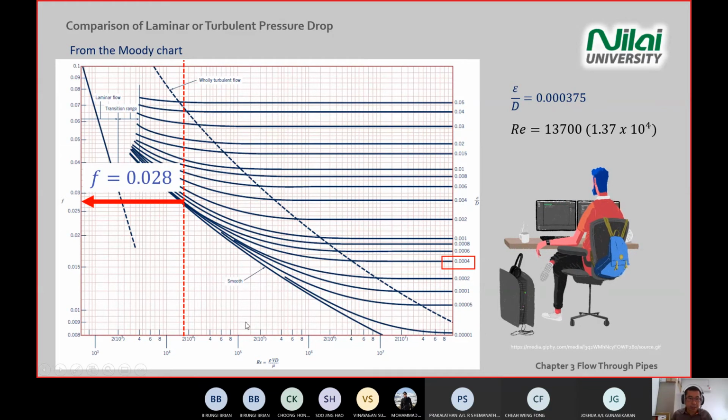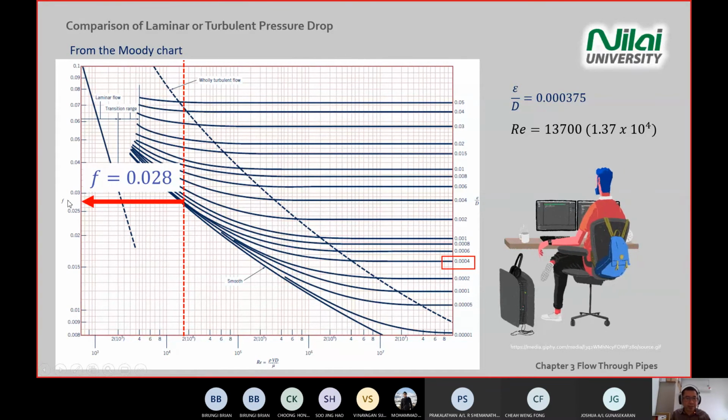So what is important here is that you know how to enter the Moody chart. Sometimes you enter from the left, sometimes from the right. Again, in the Moody chart we have three axes. Normally a question in the final exam has two of these. You either have the friction factor or the Reynolds number, then you enter and move to the left or right to get the missing value.